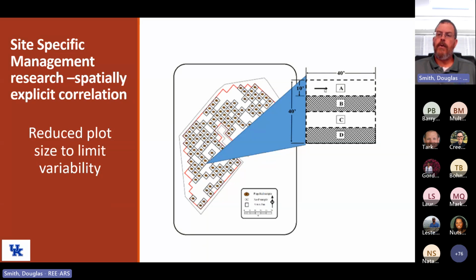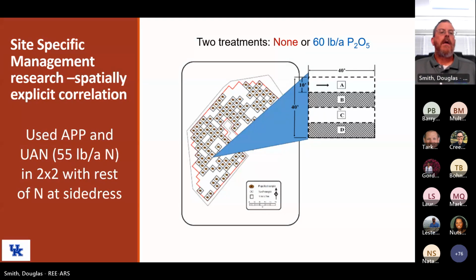So this will be 2 rows of corn for 40 foot here. This will be 2 rows of corn for 40 foot here, and so on. They'll apply APP, which is ammonium polyphosphate, in this plot, and then right next to it, they'll not apply phosphorus. So they minimize the amount of spatial variability within the field.